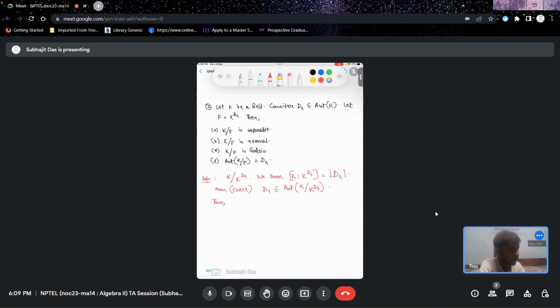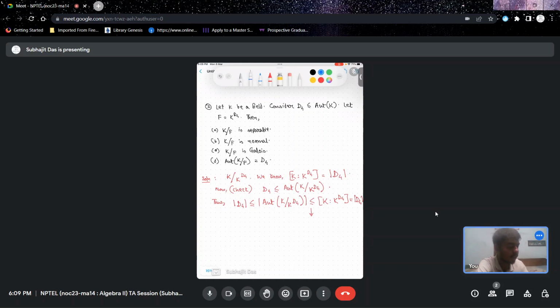Thus we have that the cardinality of D4 is less than or equal to the cardinality of the automorphism group of K over K power D4, right? And we can say that the cardinality of the automorphism group of K over K power D4 is less than or equal to the degree of this extension, which is exactly equal to the cardinality of D4. Now why do we have this latter inequality?